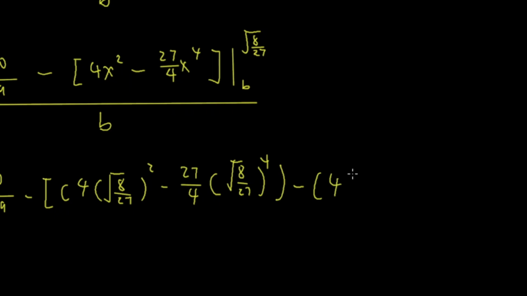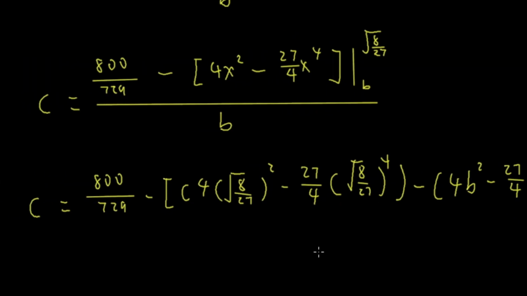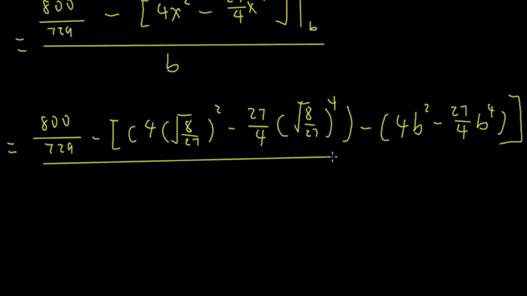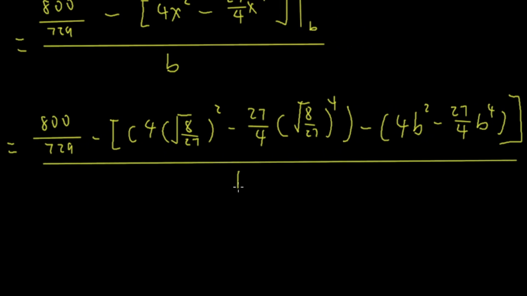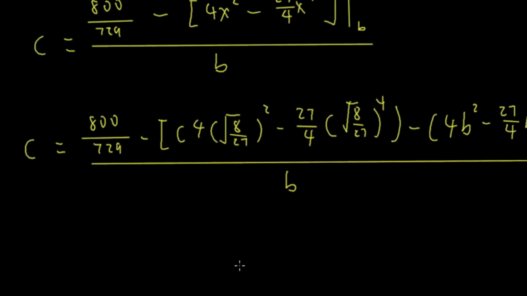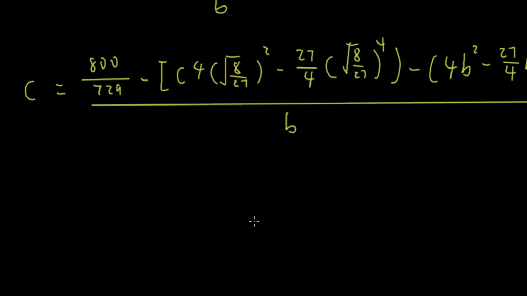If you put in b, minus 27 over 4 times b to the 4th, all divided by b. Here, like this. Okay, so what's this? Now this is the same as this.